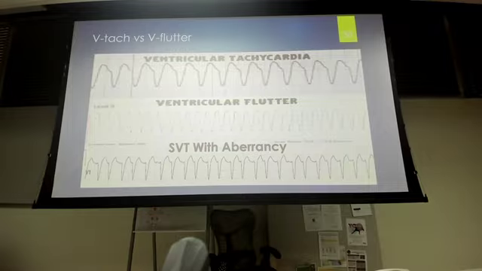I need you to see the rhythm and recognize these rhythms. He'll talk to you about the different treatments. But because it is sometimes very difficult to tell the difference between VTAC, V-flutter, SVT, the ACLS algorithm says the treatment is going to be the same initially, and then once we figure out more, we go from there.